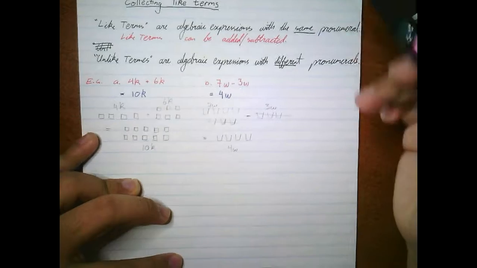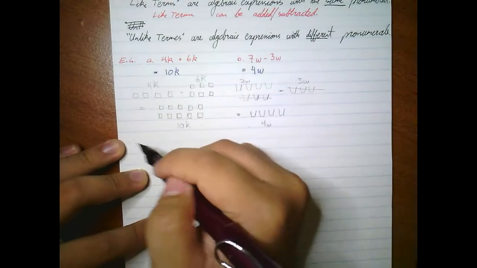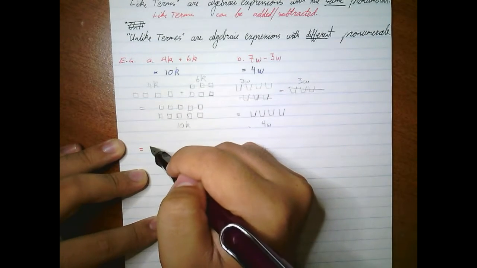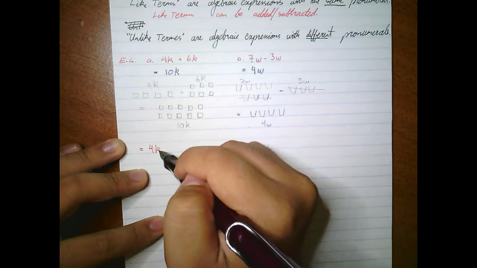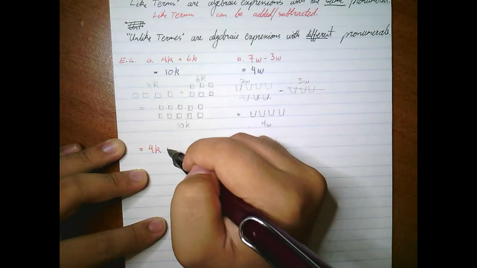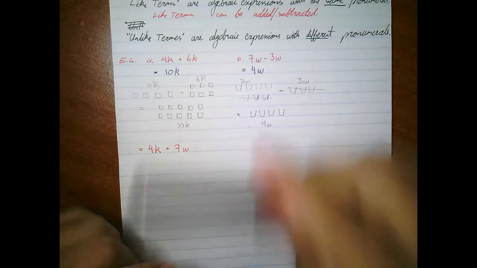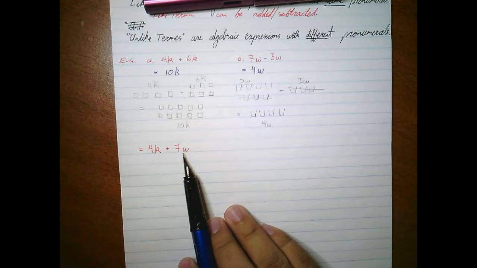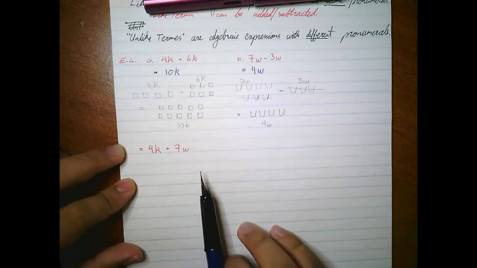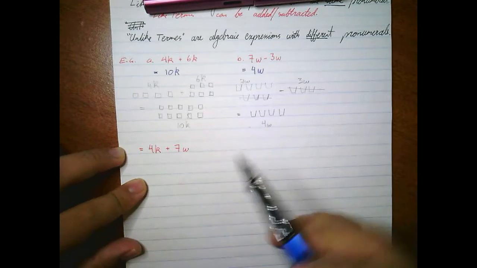But if we have something like the following, 4k plus 7w, these are unlike terms, so we cannot add them. Sorry, that shouldn't be equals.